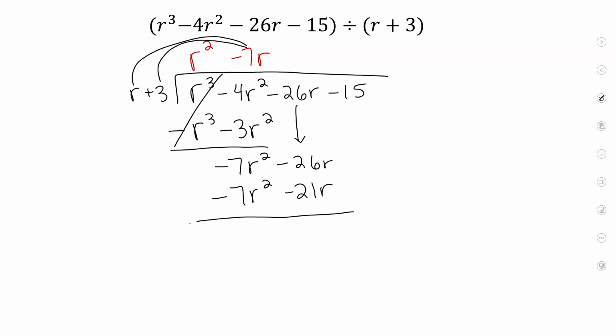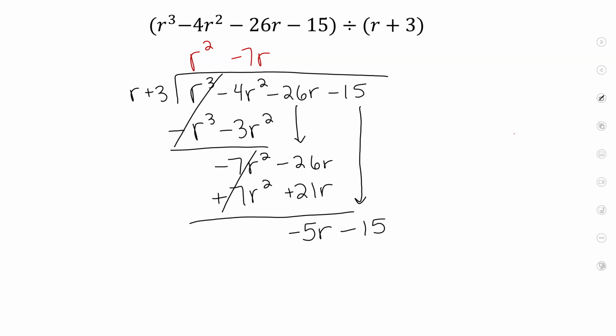After this step, you must change the signs. Now they're both positive. Those canceled out. -26 plus 21 is -5R. Bring down the next item. And we'll start the cycle again.